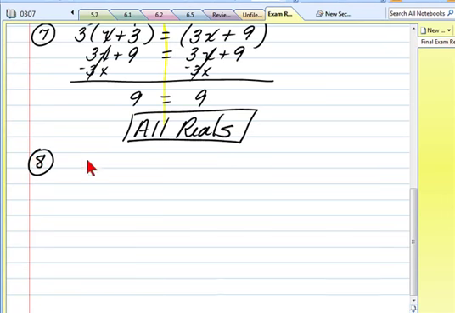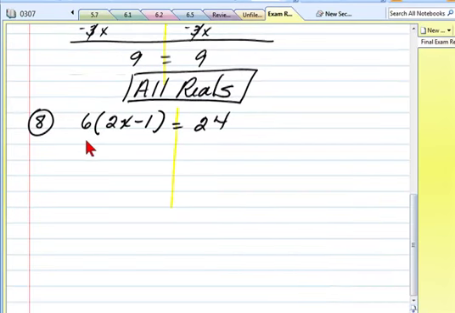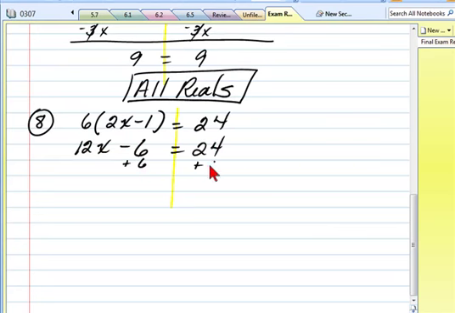Number 8, I have 6 parentheses, 2x minus 1 is equal to 24. Distributive property on the left-hand side, that's going to give me 12x minus 6, and that's equal to 24. I'm going to add 6 to both sides.